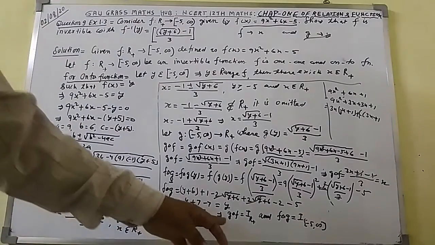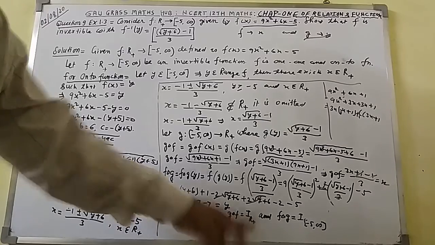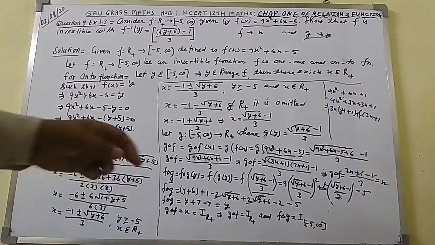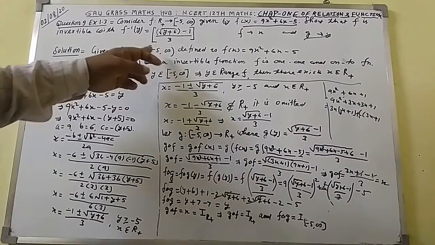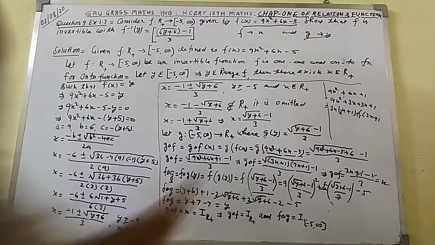So here we have got gof equal to the identity function on the set of positive real numbers, the domain. Here you have got fog equal to the identity function on the range of f.